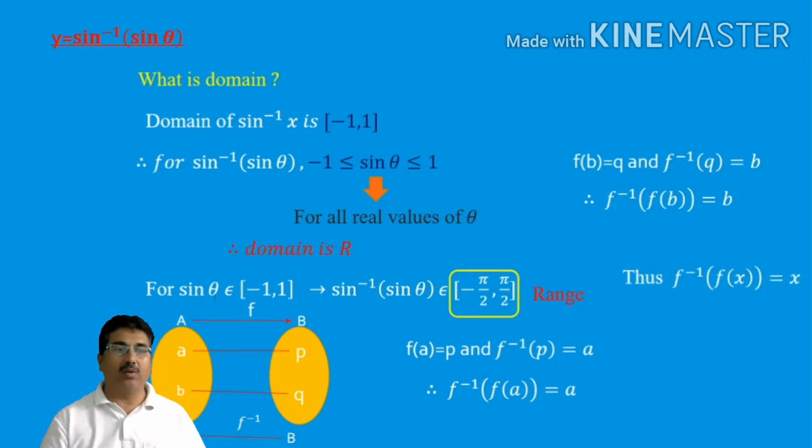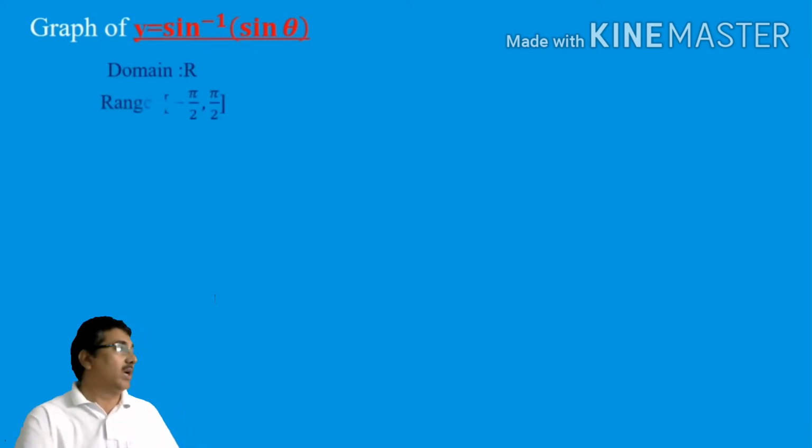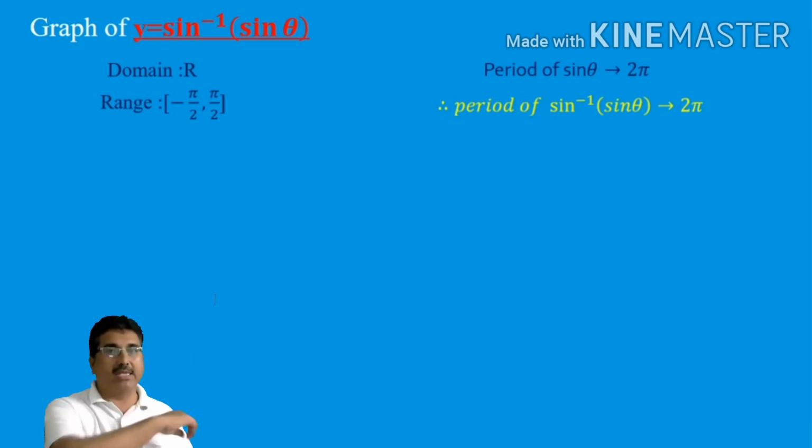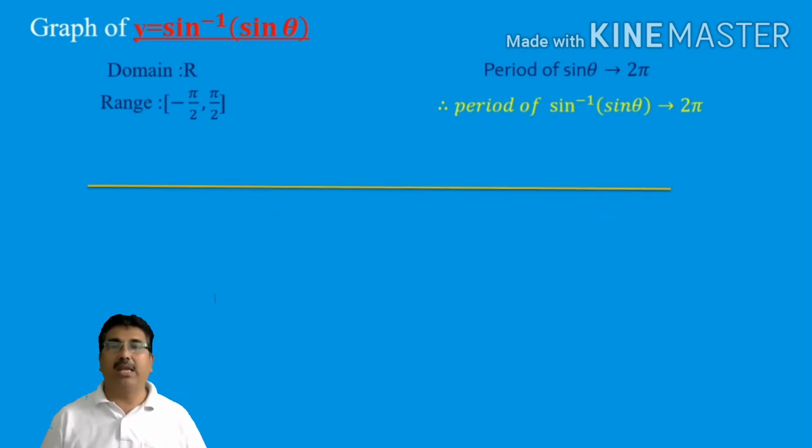Now, how to draw the graph of this function? The domain is the set of all real numbers. The range is the closed interval minus pi by 2 comma pi by 2. Take the values of domain on the x-axis and the values of range on the y-axis. The period of sine theta is 2 pi.